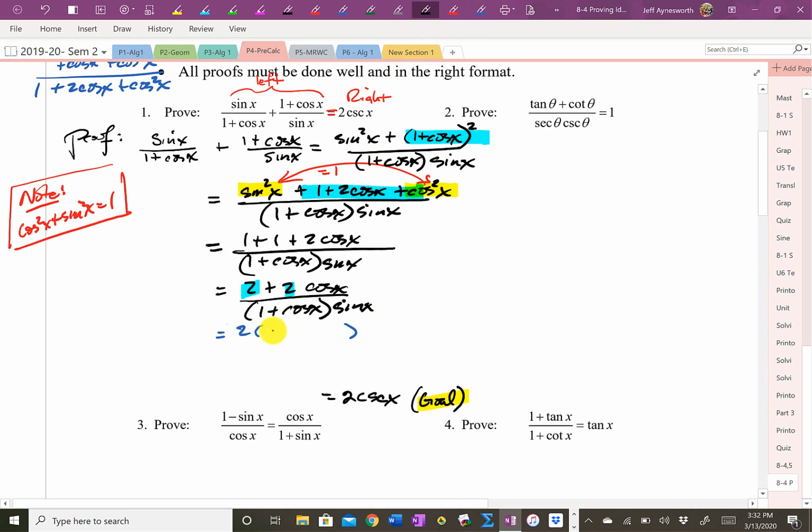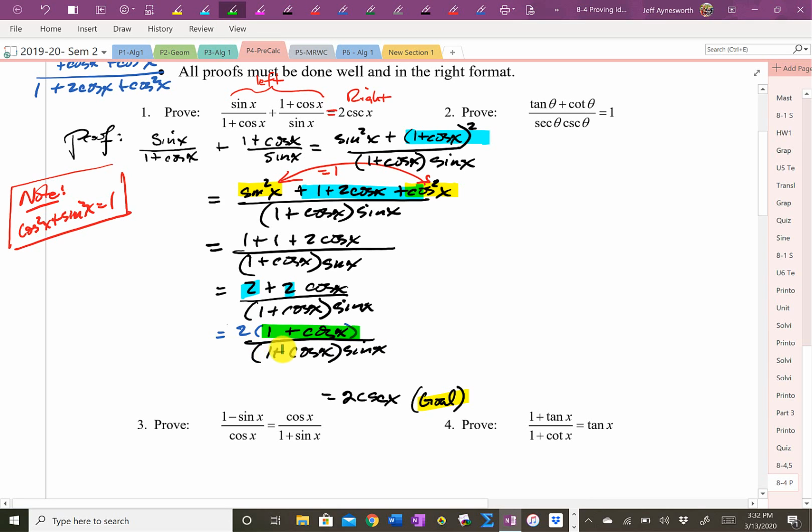When you factor out a GCF, you get 2 times 1 plus cosine of x. If that doesn't make sense, just distribute it back through: 2 times 1 is 2, and 2 times cosine x is 2 cosine x, all divided by the denominator, 1 plus cosine of x times sine of x. And if you look closely, you got something in common.